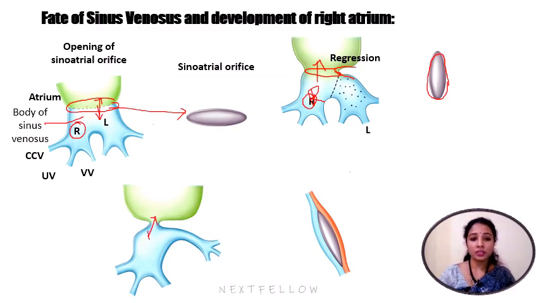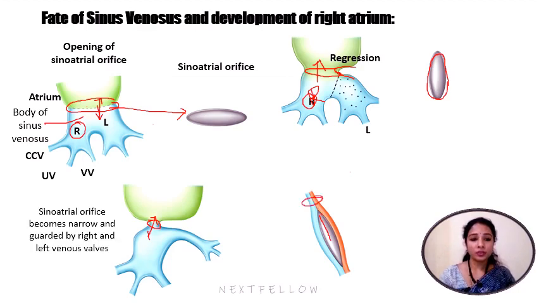This is the sinus venosus and atrial opening, and it becomes oblique here, and here we can see approximation to form the septum spurium. So the sinoatrial orifice becomes narrow and is guarded by right and left venous valves.